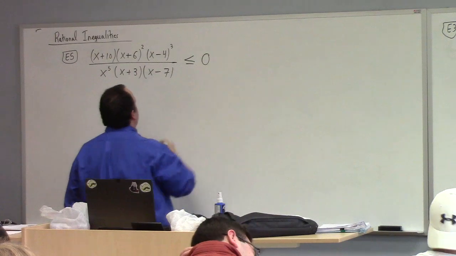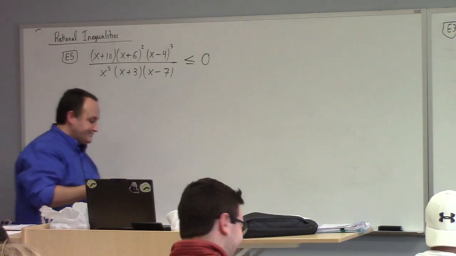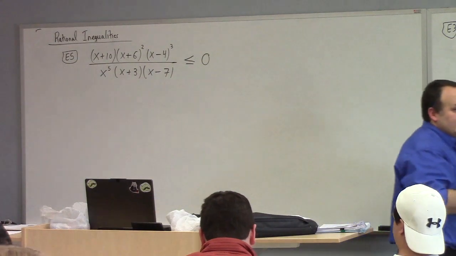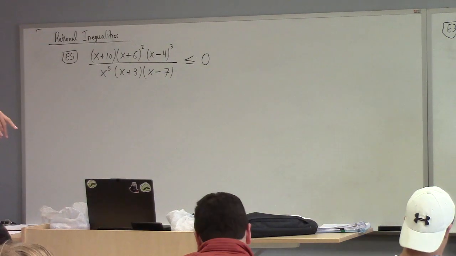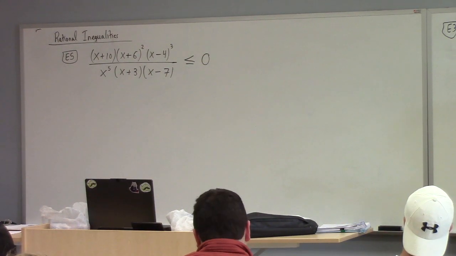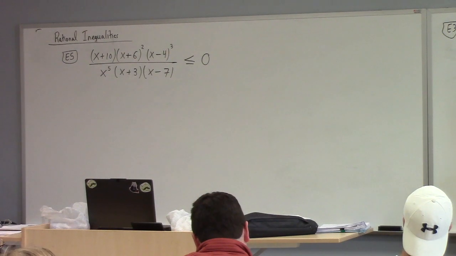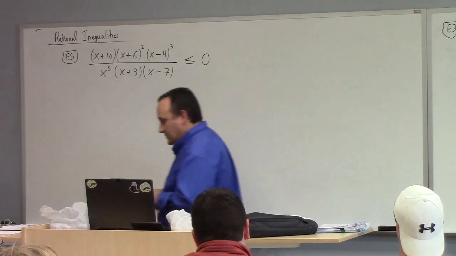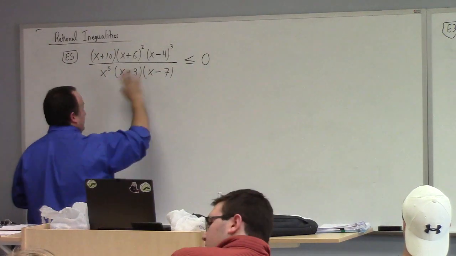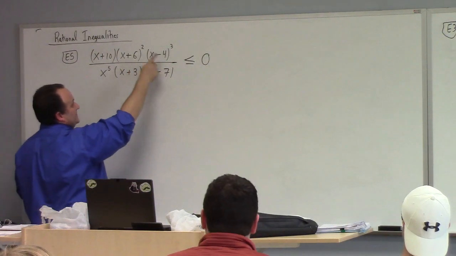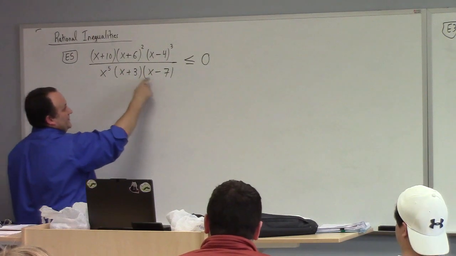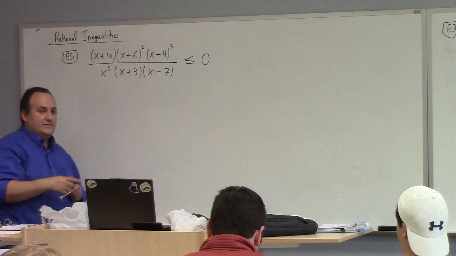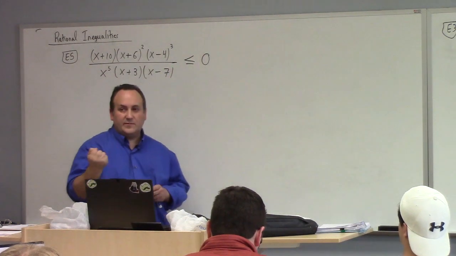Very good. So, now what? Factor out the expression. The good news is it's already factored. And there's no common factors either, right? You've got the 10, the 6, the minus 4, the 5, the 3, they're all different, right? So we need to identify the critical numbers.